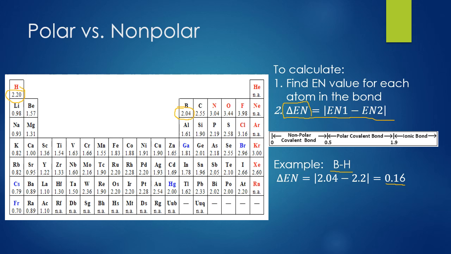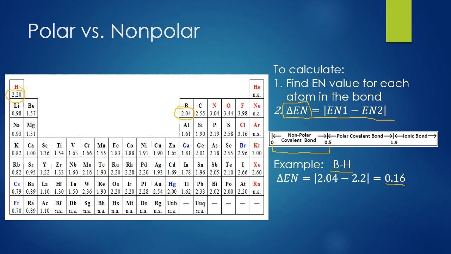If the change in electronegativity falls between 0 and 0.5, it can be classified as a nonpolar covalent bond. In this case, the boron-hydrogen bond does fall in that range. It's 0.16, so it's less than 0.5 but greater than 0. So this would be a nonpolar covalent bond.